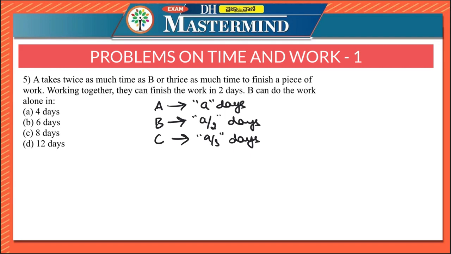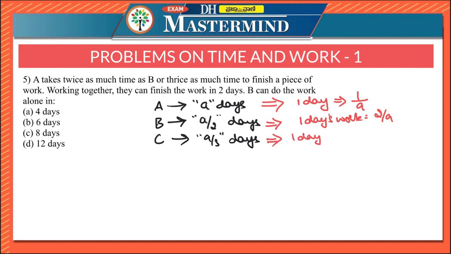So this leads us to one more important data: the amount of work done by A in 1 day equals 1 by A, while B's 1 day's work will be equal to 2 by A. Similarly, the 1 day's work of C will be equal to 3 by A. It is also given that A plus B plus C together finish the work in 2 days.